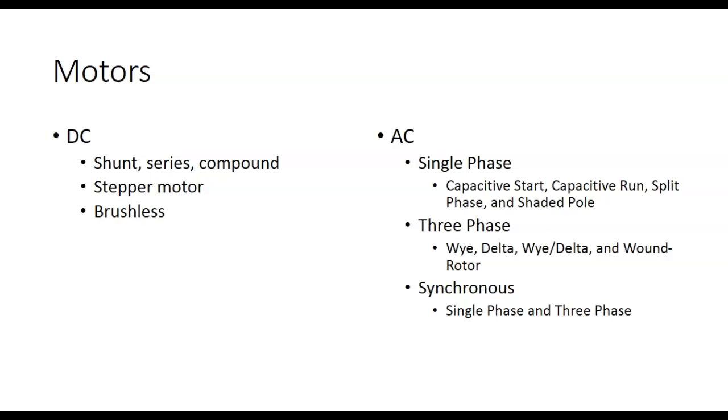The only real advantage you get on those is better torque, but you can use those in gaseous environments. In AC, we have single phase motors: capacitor start, capacitor run, split phase, and shaded pole. We have 3-phase motors, Y motors, delta motors, Y-delta motors, and wound rotor motors, which you don't see much anymore. And then we have synchronous motors, which we see every once in a while.